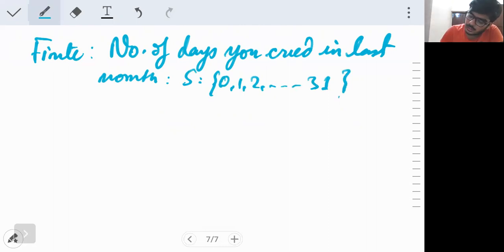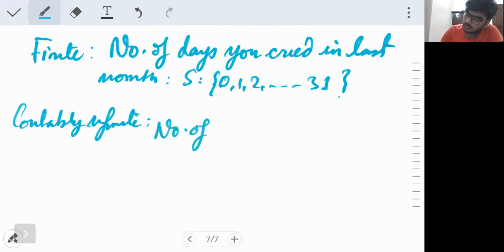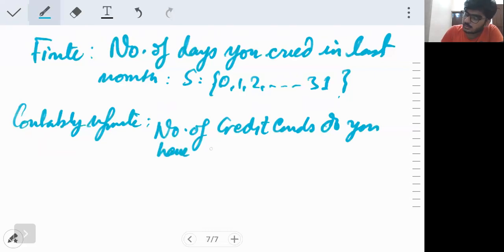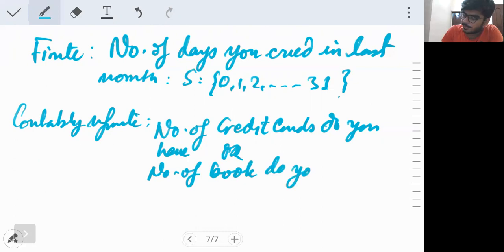For countably infinite, the question is the number of credit cards you have, or the number of books you have.